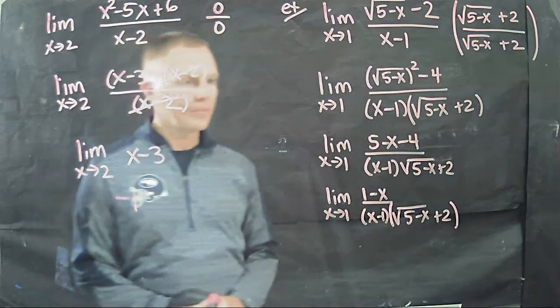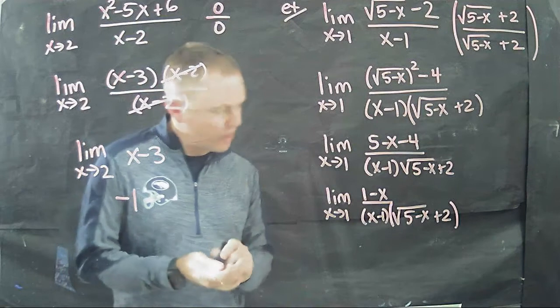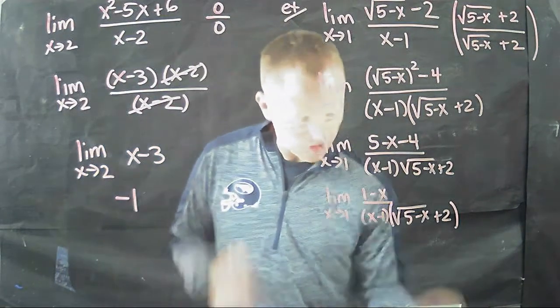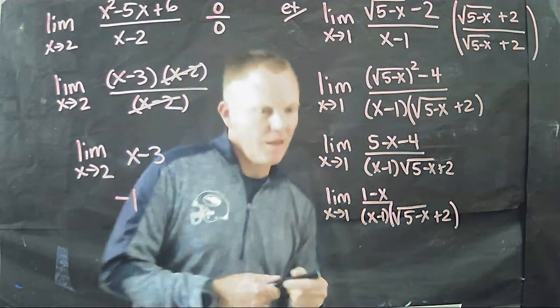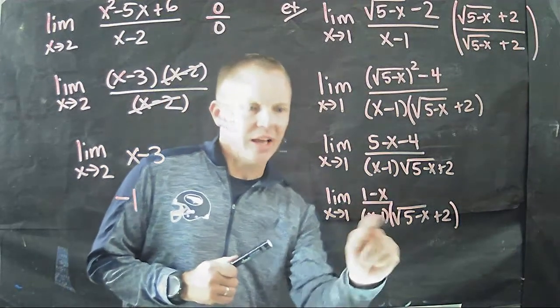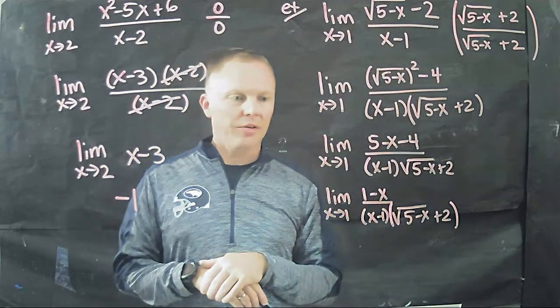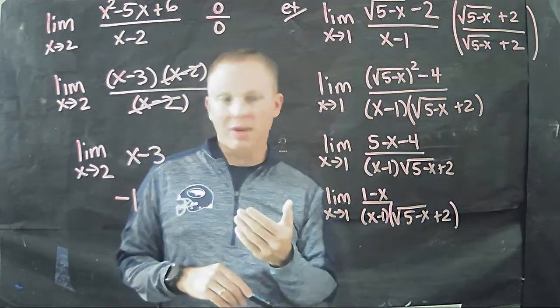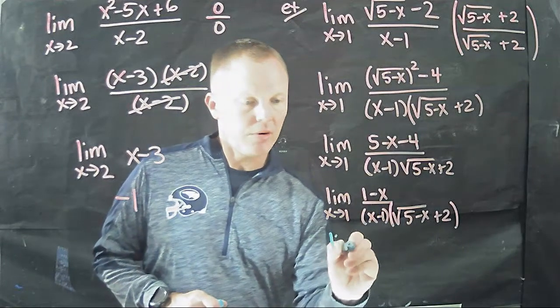Okay. So now I'm going to use a different color here just to make this pop. 1 minus x and x minus 1. Those two stacked on top of each other are actually equal to negative 1. I'm going to show you how right here.